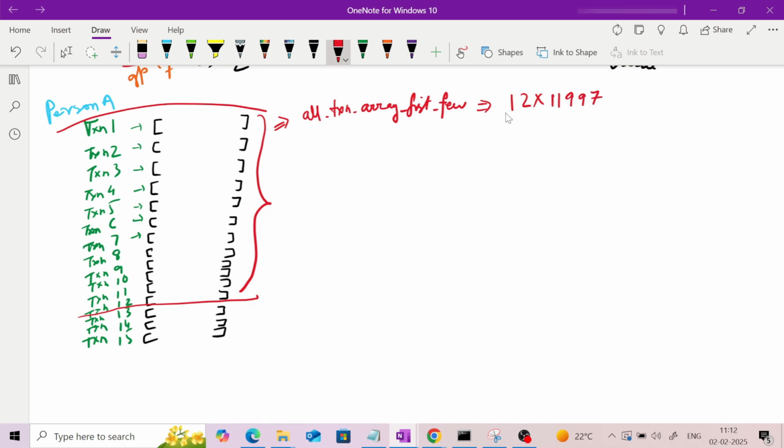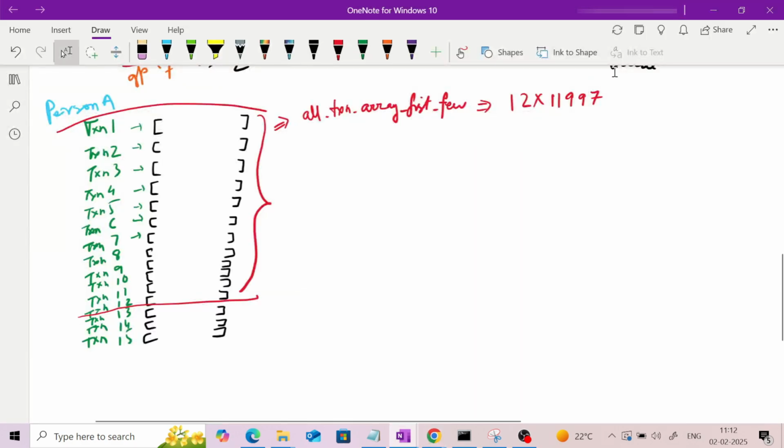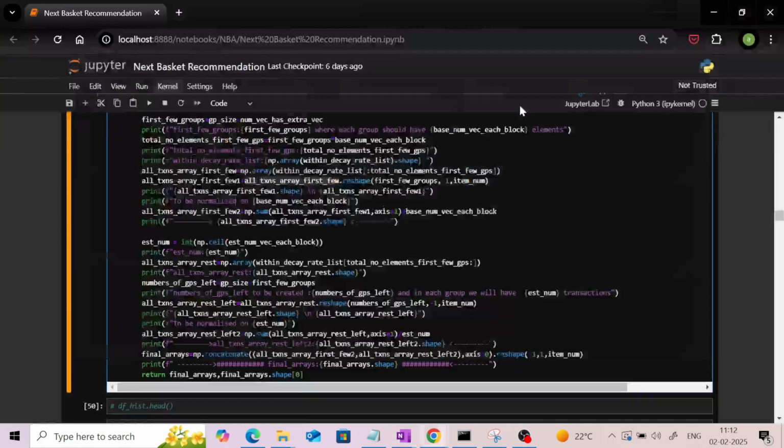Okay. Now what we are doing is, we are using this particular array, all transactions first few, that we created, and we are reshaping it in a way that these 12 transactions should be converted into six groups.